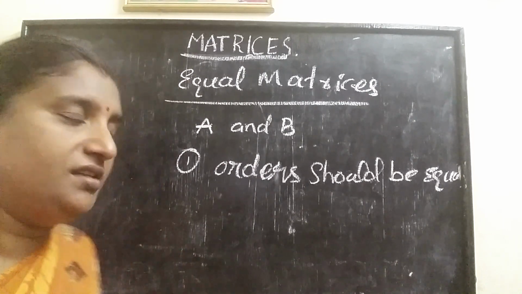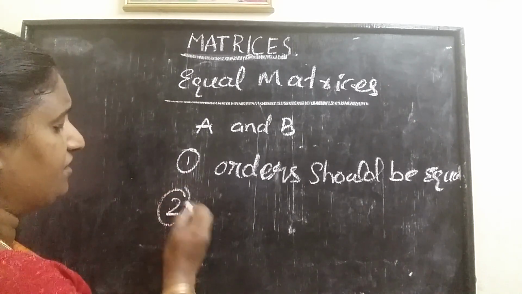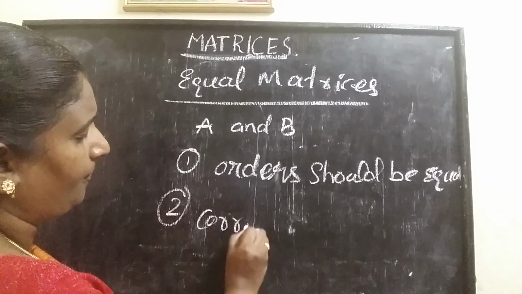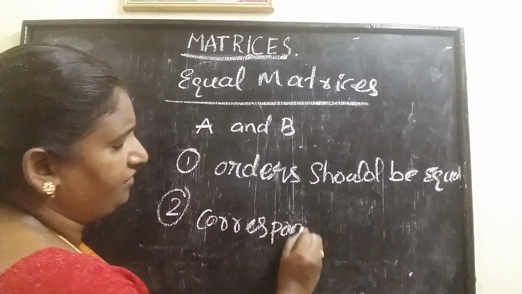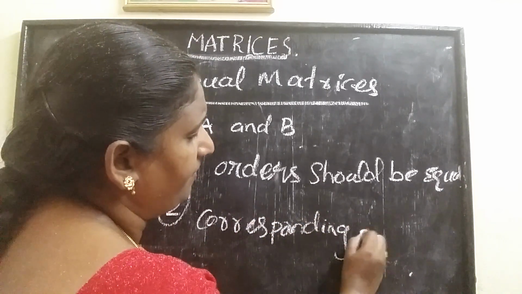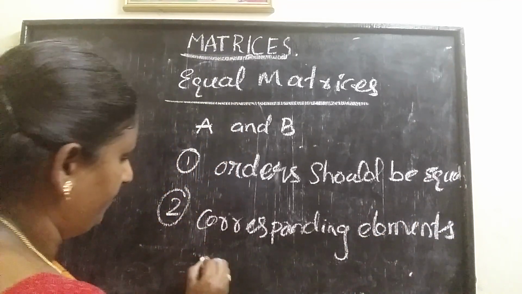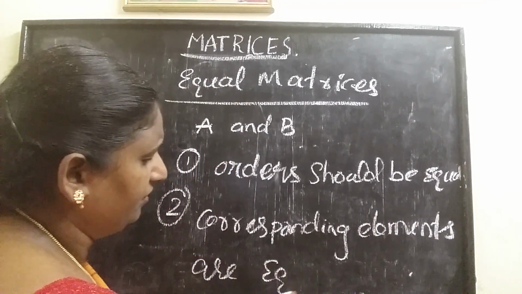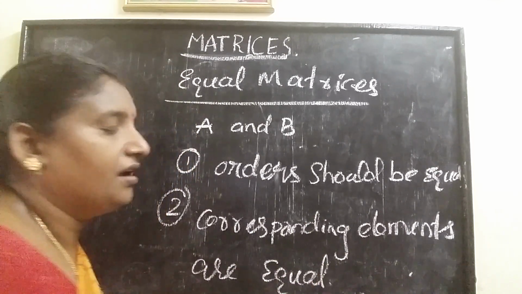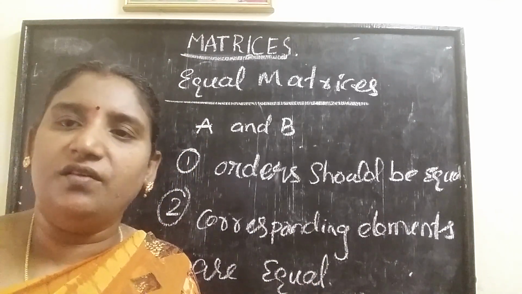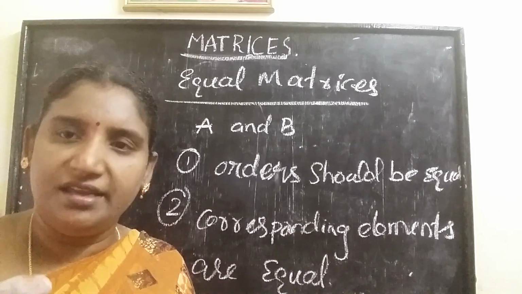And the second one is that the corresponding elements are equal. How can we say that corresponding elements are equal? I'll show here.